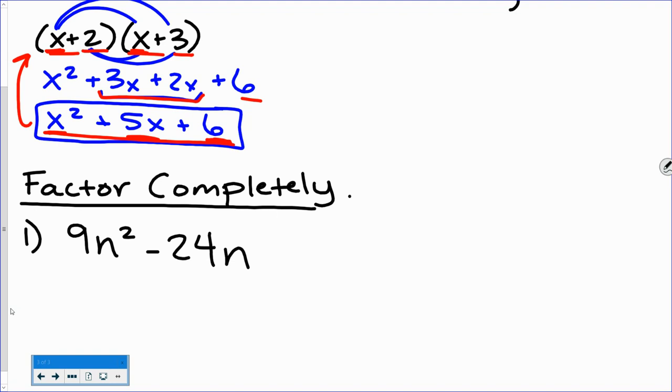This one's going to be a little bit different than what I just distributed above. But something with factoring completely, make sure that you are always looking to factor out the greatest common factor first. Always look for that.